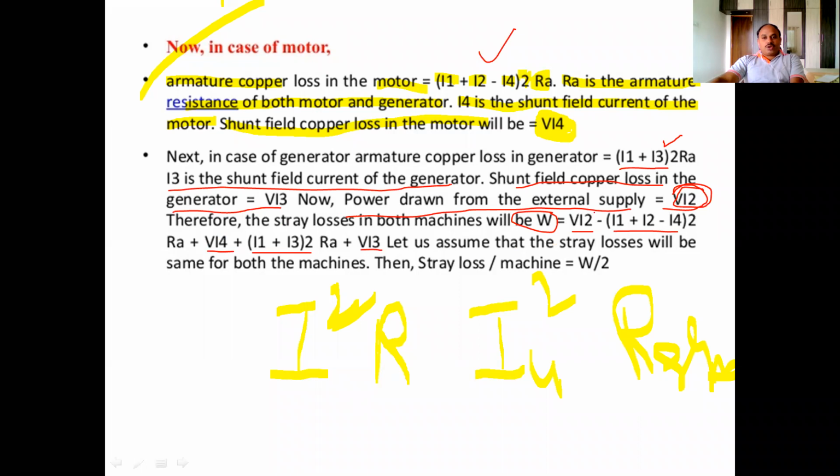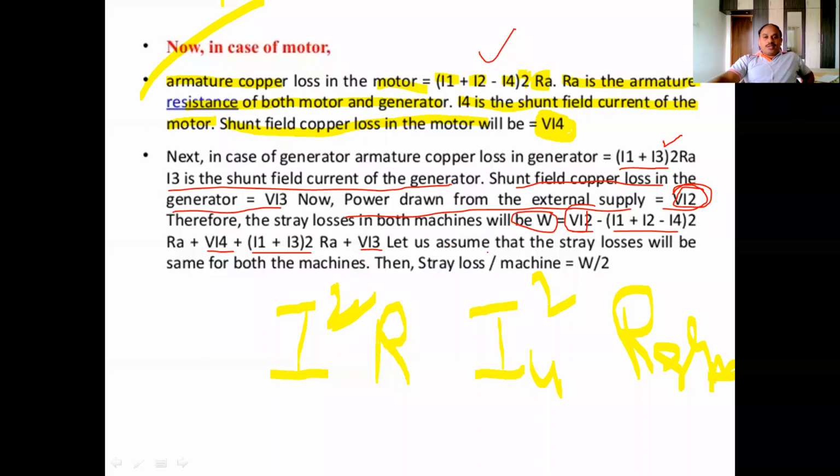So that means total input power minus total copper losses gives the stray load losses.